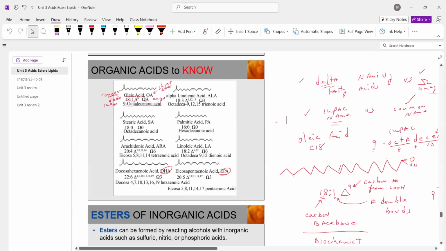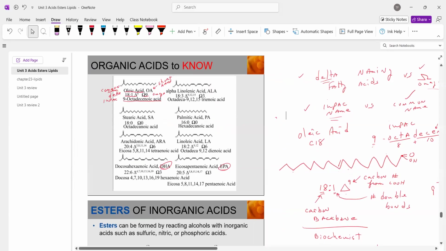And these are the acids I want you to know. Now, of course, you have your 3x5 card. It would be good to have this on your 3x5 card.